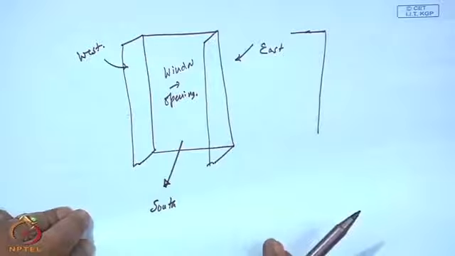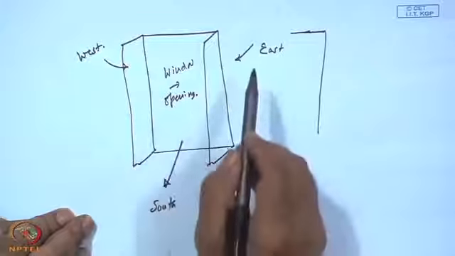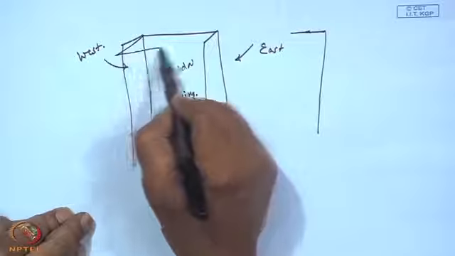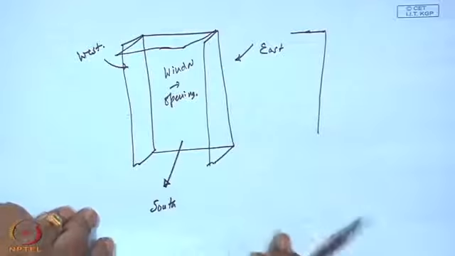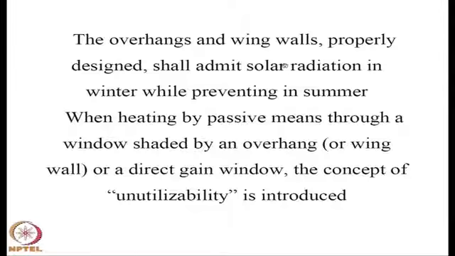So, consequently, they will project some kind of a box type of structure which will not allow the sun to enter. And if you combine it with an overhang also, it can be completely shaded as you desire. There is quite a bit of relevant literature in 57 and 58 on the overhangs and the wing walls, but the basic things I shall cover over here.